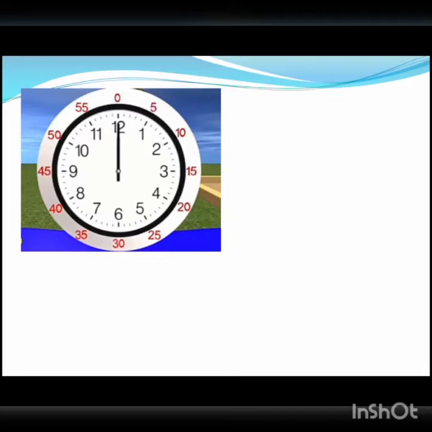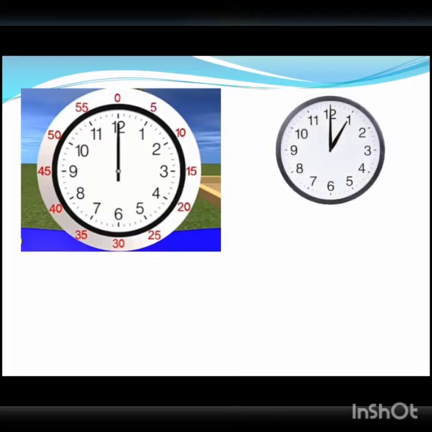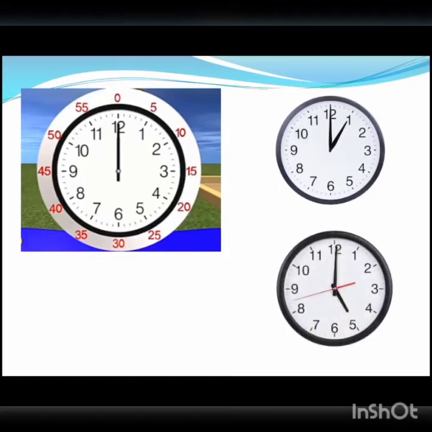Similarly, if the hour hand lies on 1 and the minute hand lies on 12, then it is known as 1 o'clock. In the similar manner, to represent 5 o'clock on the clock, our hour hand should be on 5 and the minute hand should be on 12, like this.